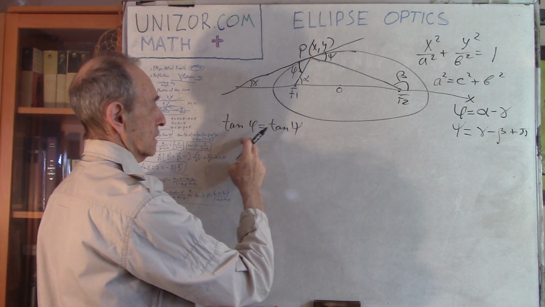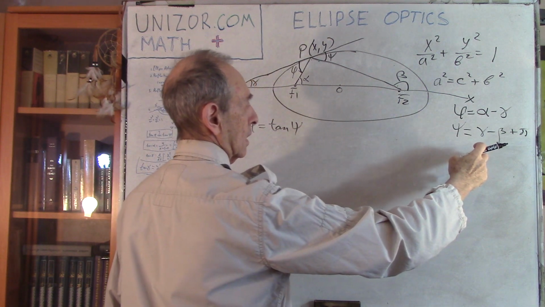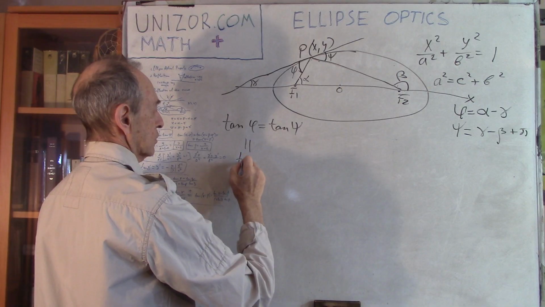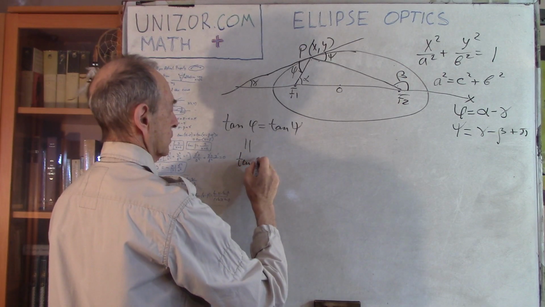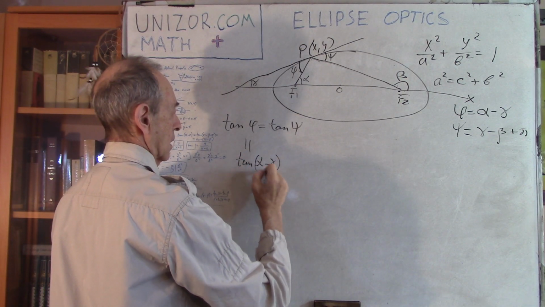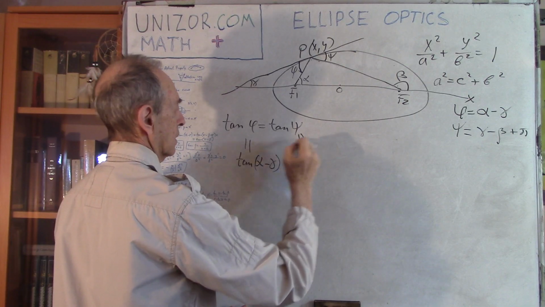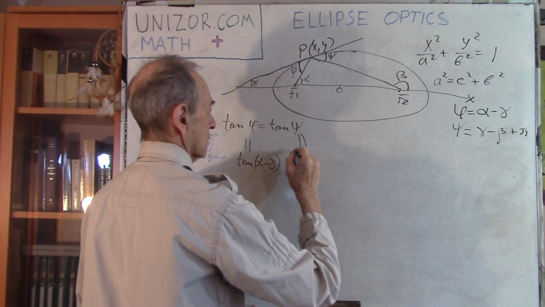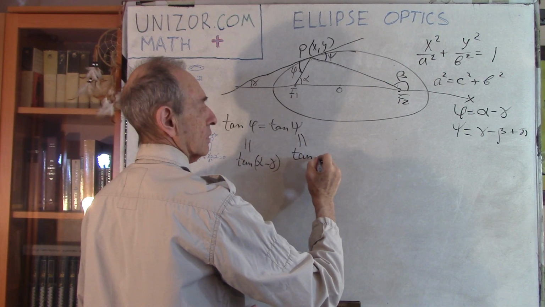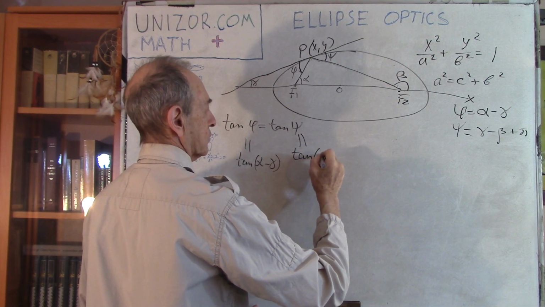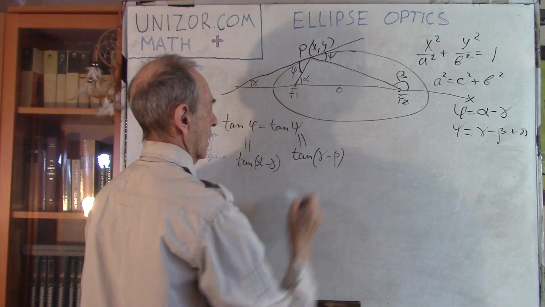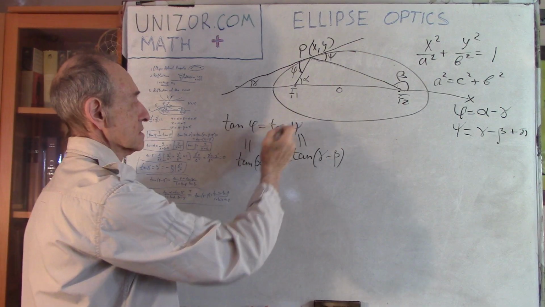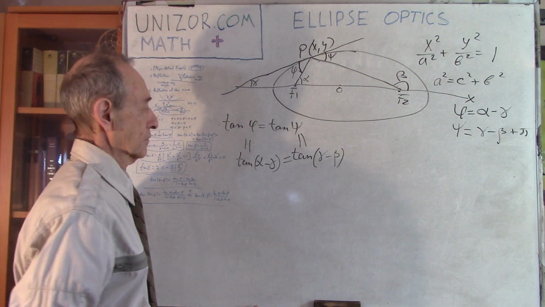Now, tangent of each one of them I can actually calculate, because tangent of phi is equal to tangent of alpha minus gamma, and tangent of psi is equal to, well, pi is a period of tangent, so it doesn't really matter whether I have pi or not. It's tangent of gamma minus beta. So if I will prove that these are equal to each other, that means that these will be equal to each other.